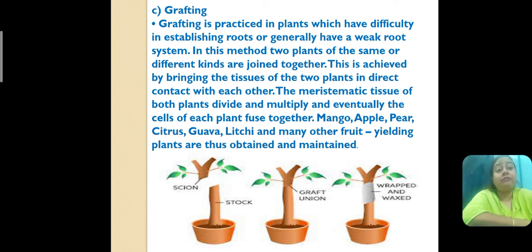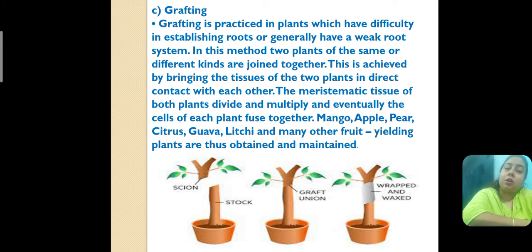And what are the advantages of these plants? As I said, plants which have lost their ability to reproduce by sexual reproduction can be grown in this method. This is a faster method of growing plants because you do not need to grow the plant right from the seed stage.